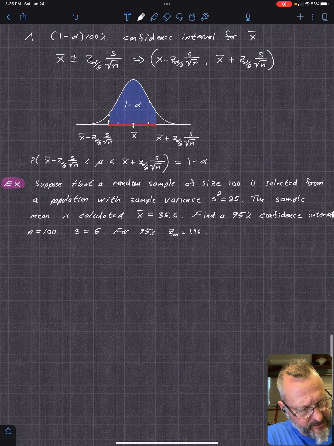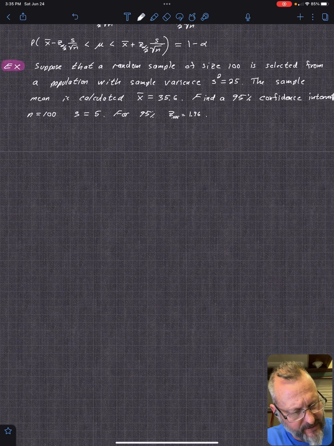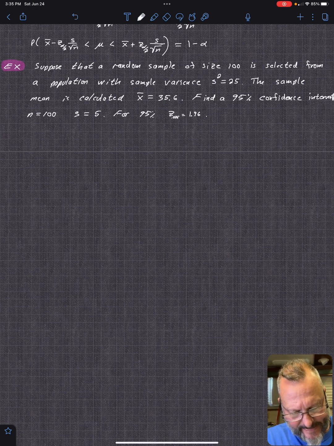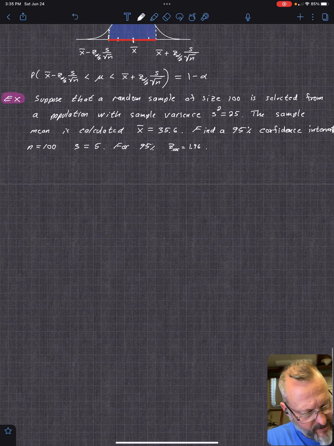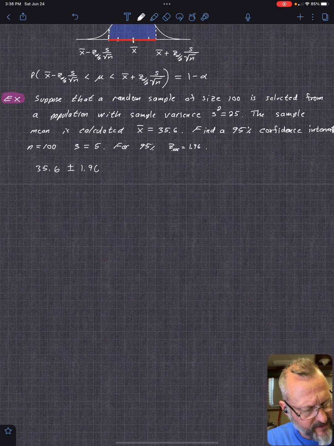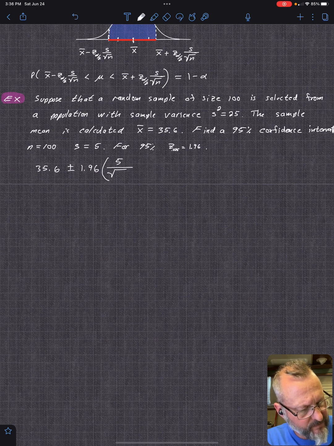All right, so let's do the calculation. Let's find out what the actual numbers will be. So I like to do these separately. This one's pretty straightforward. You can pretty much just write it in. So it's 35.6 plus or minus the 1.96, that's your z-score at 95%, times S, which is 5, over the square root of 100, which is, of course, 10.